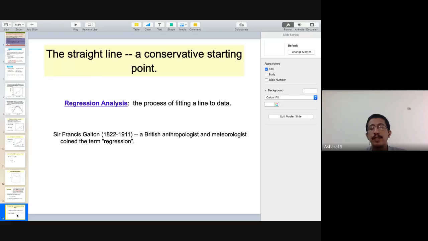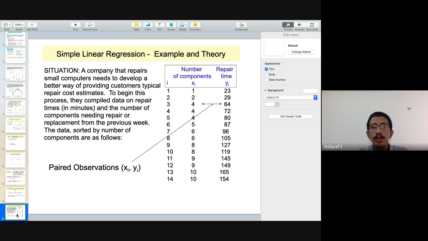Fitting a hyperplane to the context, basically, right? That's what it is, right? It dates back to Sir Francis Galton, who introduced this concept, 1822 to 1911. He is a British anthropologist, and the term regression is coined by him, right?